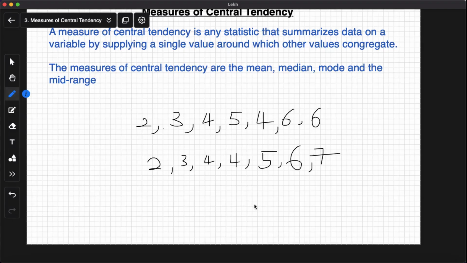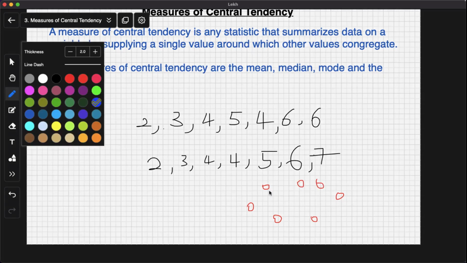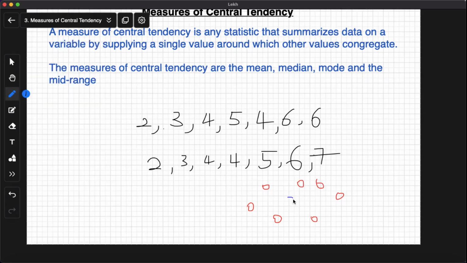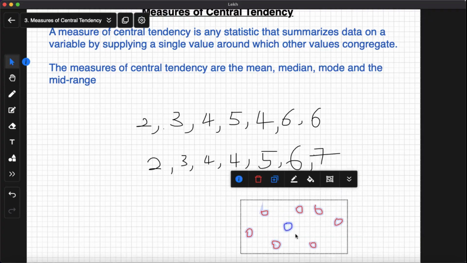For instance, let's assume these are your data points. We are assuming that there is a particular value that they congregate around. Some may be far from that value, some may be very close, but that value is the central value.